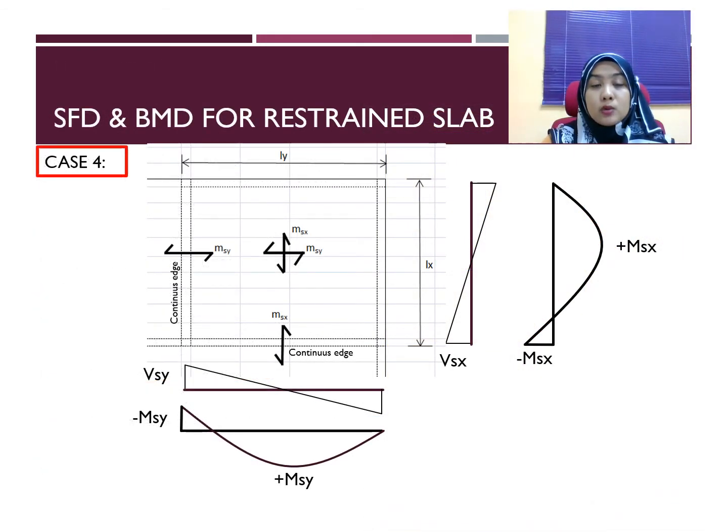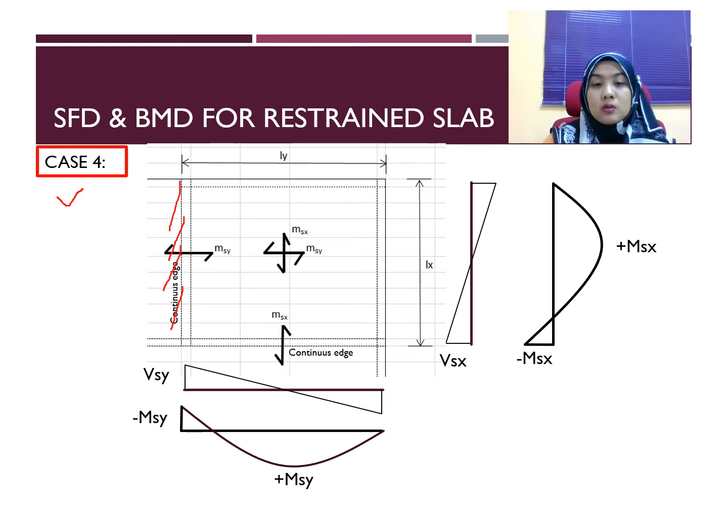Okay, so next you have to draw your SFD and BMD for the restraint slab. So let's say we take case number 4, which is two adjacent edges discontinuous. So this side is discontinuous, and the other side is continuous.